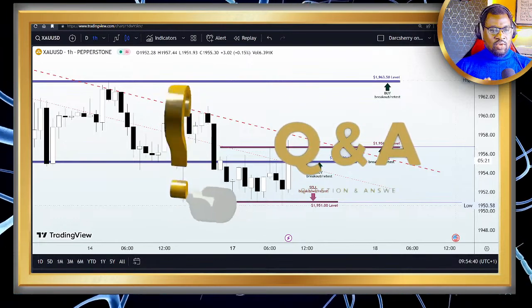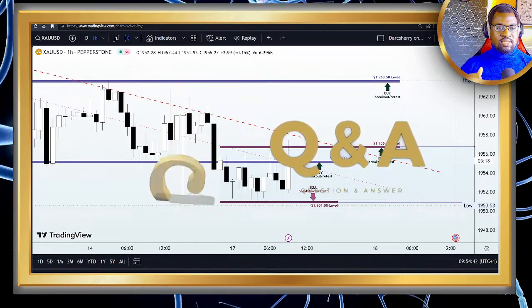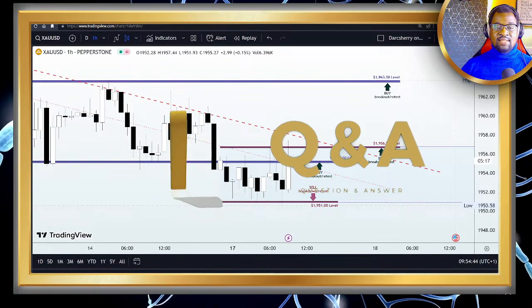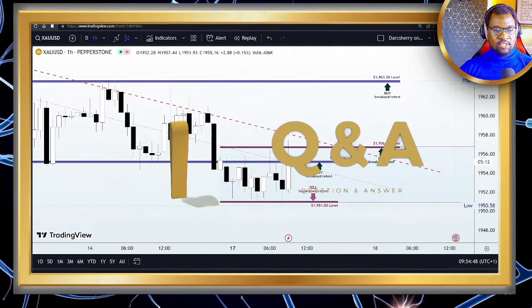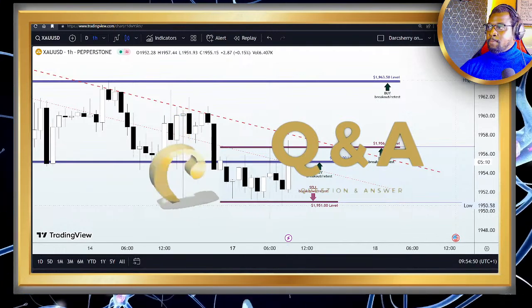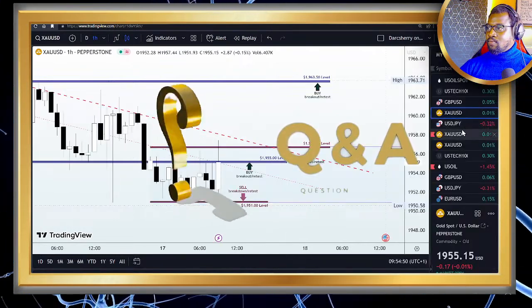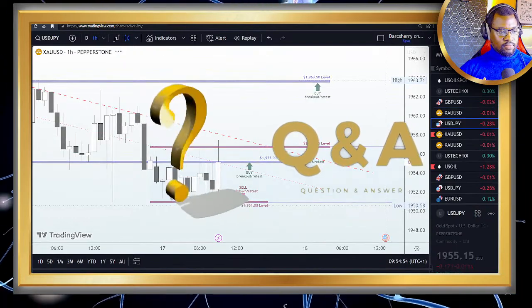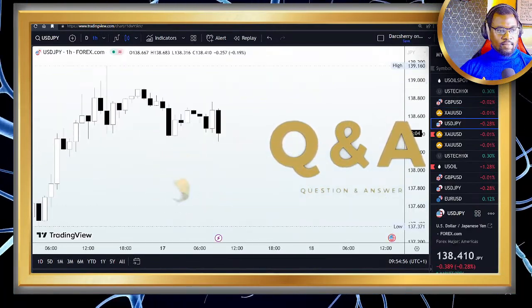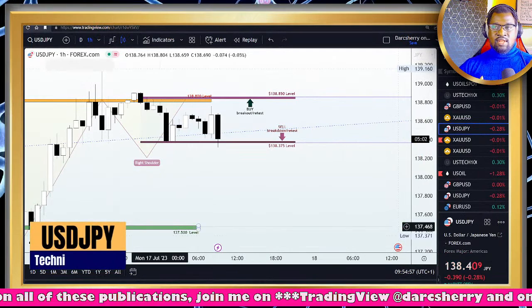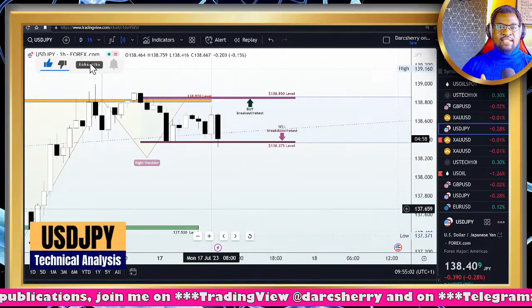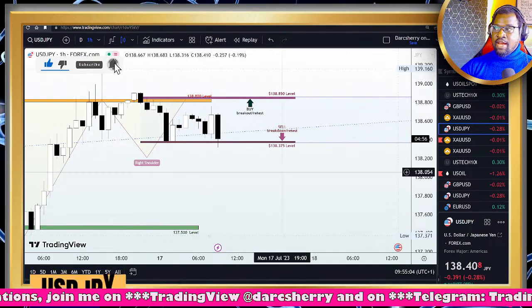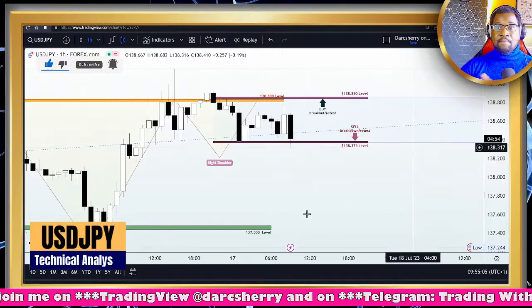All right, so in the absence of questions, let's move right into the last instrument for today, which is of course the USDJPY. The next instrument on our watch list is the USDJPY, another interesting market structure.